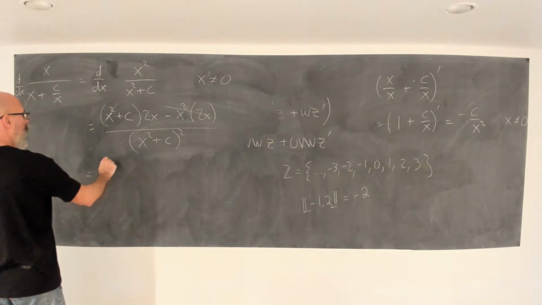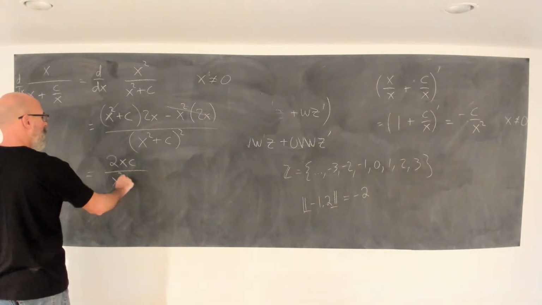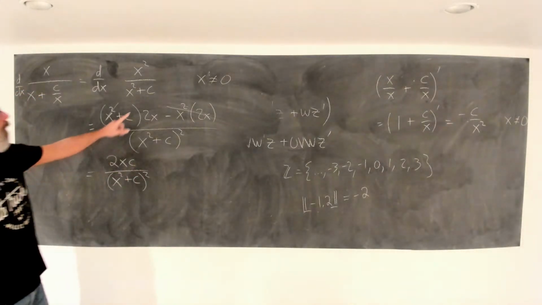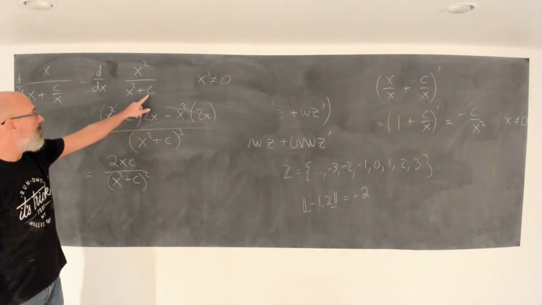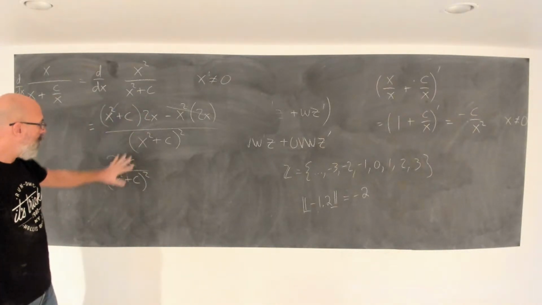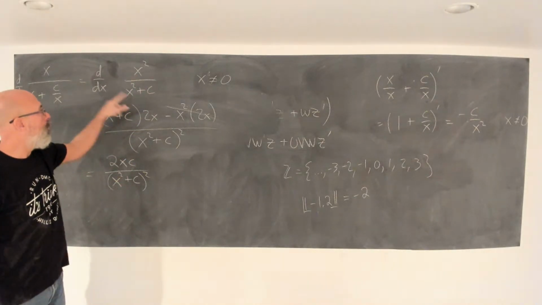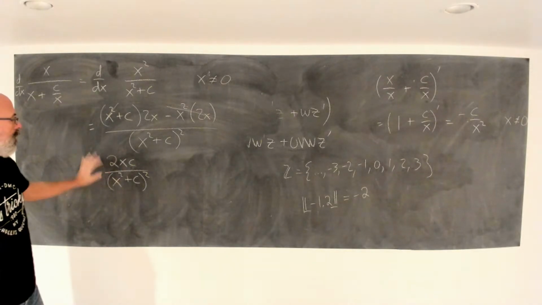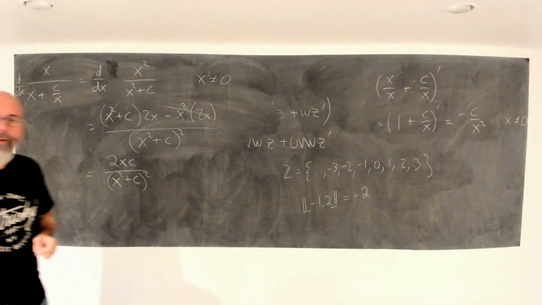And we're left with 2xc over x squared plus c all squared. I suggested we should discuss when c is not 0. So we get this. But notice that if c is 0, this is really just 1 whose derivative is 0. But if c is 0, this is also 0, so no harm done. That's the answer.